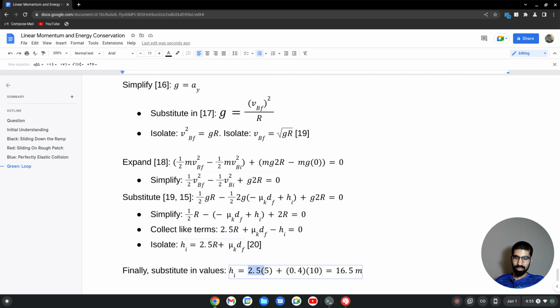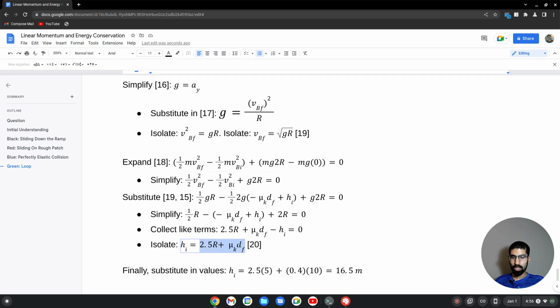And finally, we can substitute in our values that we were given up top. No worries if you don't remember them, we just get this final answer. This also makes sense because the signs are positive. The radius is in meters, d_f is in meters, the distance that the friction is applied over, and 2.5 and mu_k, the coefficient of kinetic friction, are unitless.